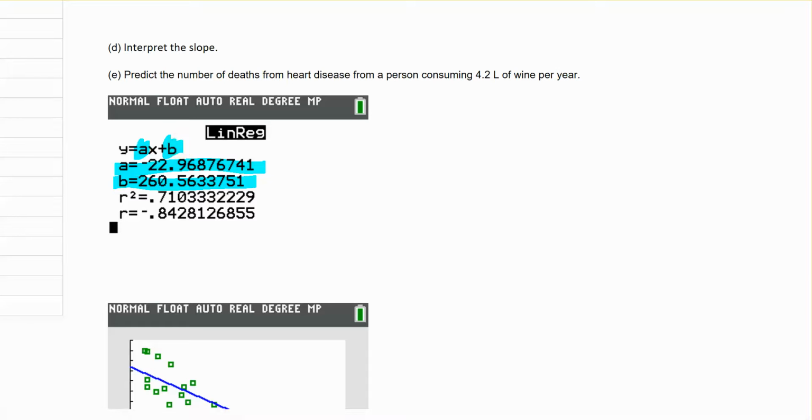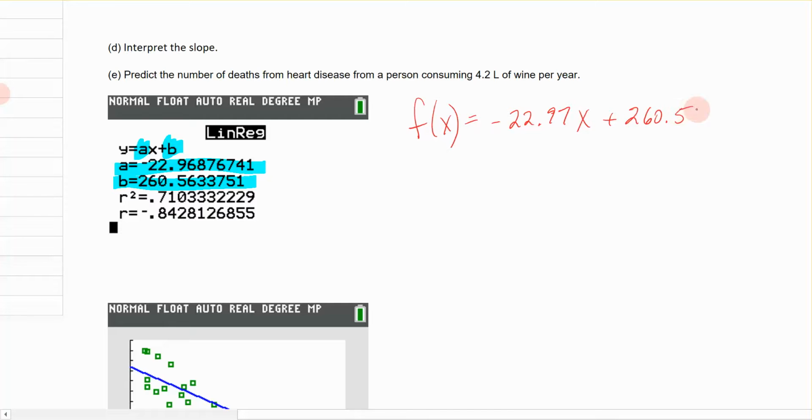So to write that linear model in function notation means we just stick it with an f of x equals negative 22.97x plus 260.56. Okay, so this is the equation then that models that data.